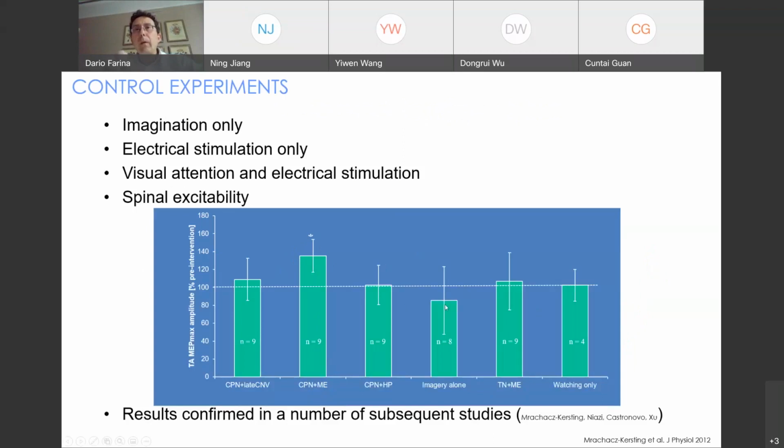And there are a number of control conditions that tell us that the increase in excitability is indeed due to the pairing of the motor command decoded with the BCI and afferent volley, and not, for example, to the fact that the subject was imagining the movement many times or was attentive to the movement or simply because of electrical stimulation. These are all control conditions.